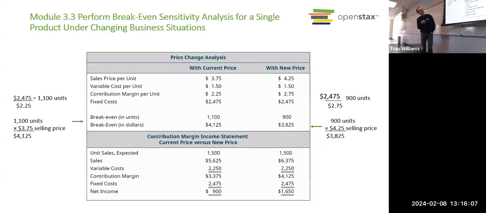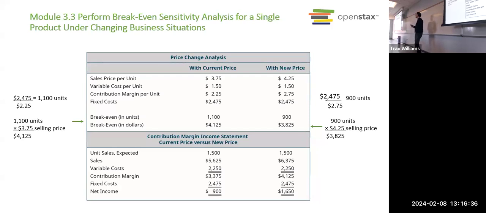We've got this first column is the current situation for the company, but they're looking at maybe changing the price of their product, the sales price. So if they increased their sales price by 50 cents from $3.75 up to $4.25, and their variable costs stay the same, their contribution margin goes up.